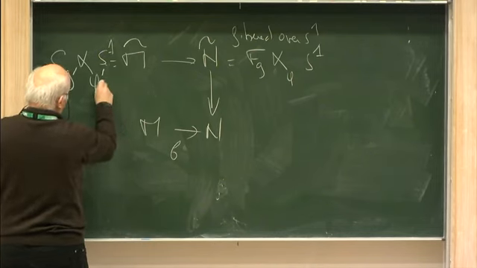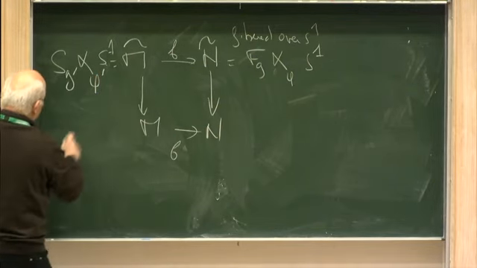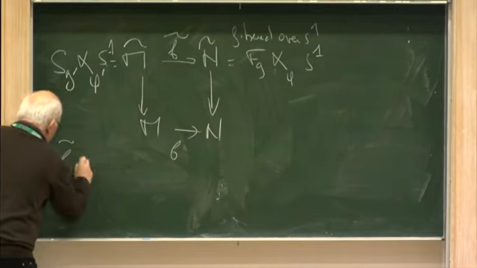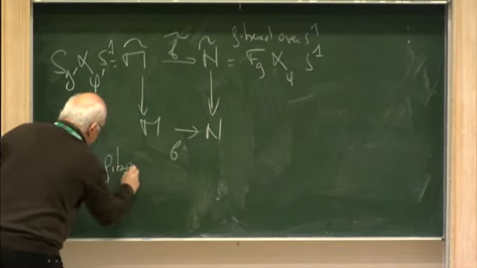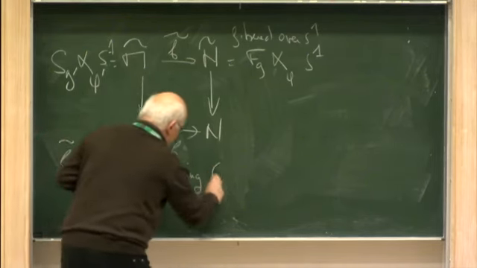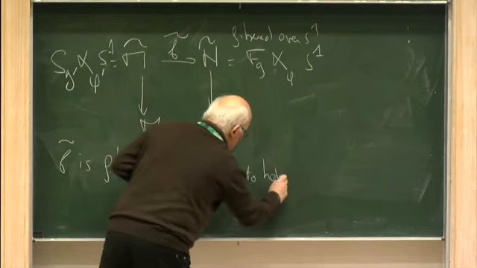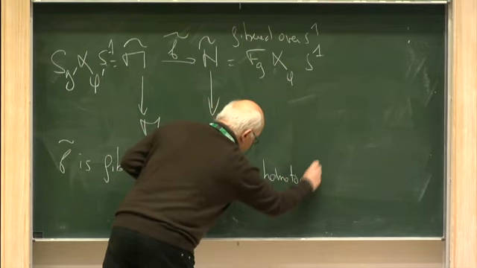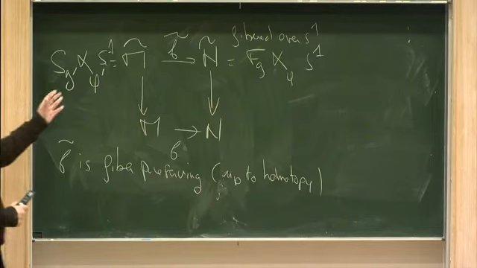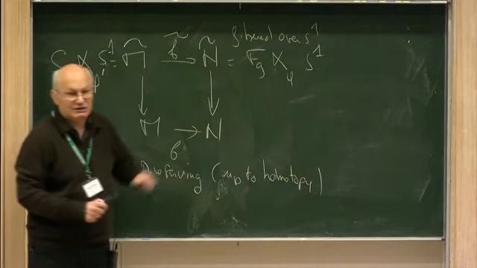And by the construction, I know that F tilde is fiber preserving up to homotopy. So I can make a homotopy so that the fiber here is the preimage of the fiber here.